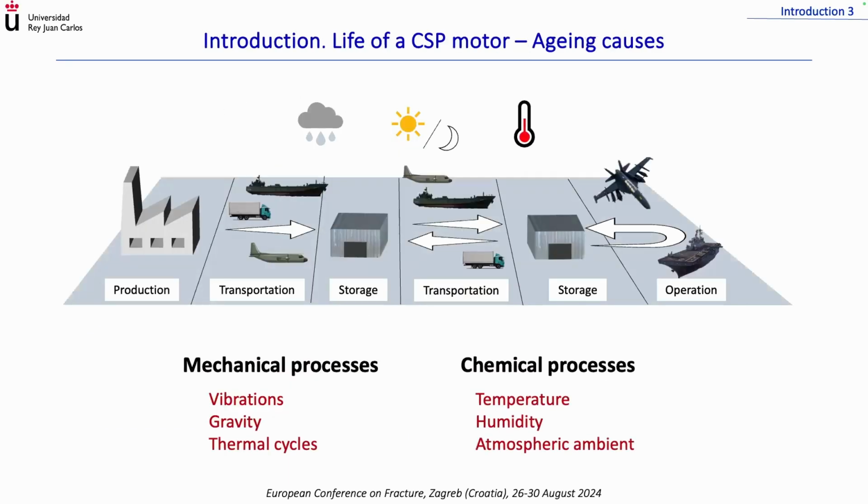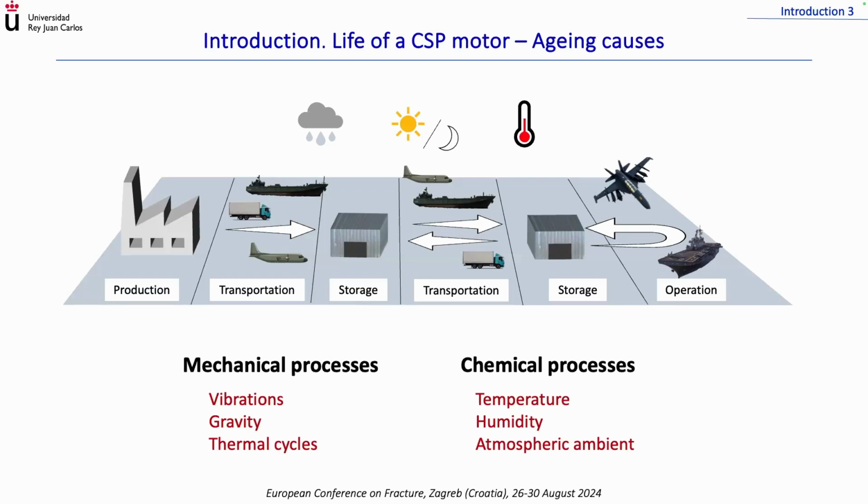A motor made of a composite solid propellant normally has a long lifetime of several decades. During its life, it is going to be subjected to different stages that can be reduced to production, transportation, storage, and operation. During these stages, the composite solid propellant is subjected to mechanical processes, such as deformations during transportation and operation, and chemical processes, such as exposure to high temperature or to the atmospheric ambient.